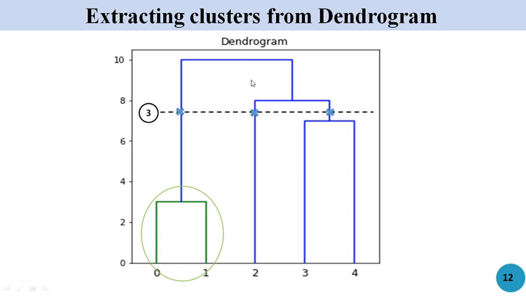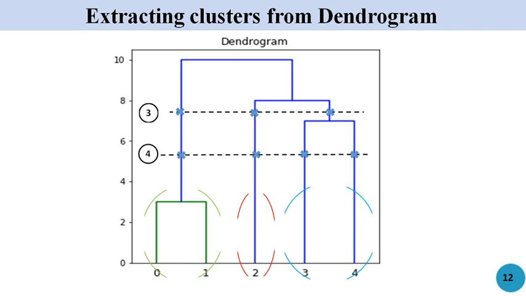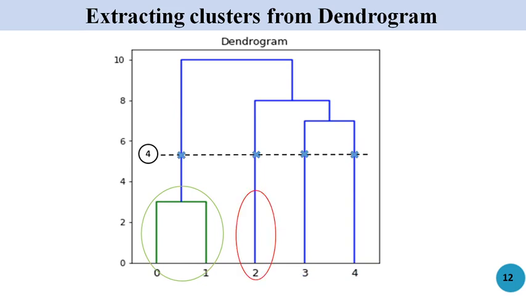At this point of intersection, we have only one data point, so 2 belongs to a separate cluster. And at this intersection point, we have 2 data points connected together, so 3 and 4 belong to the third cluster. Similarly, depending on the number of clusters that we want, we can continue the process and get the data points belonging to different clusters.